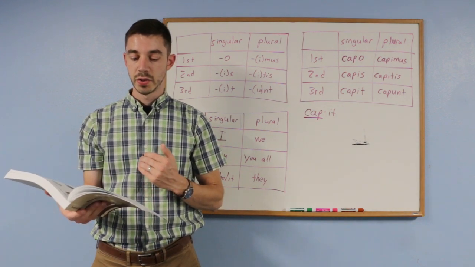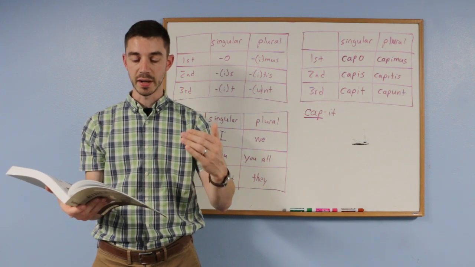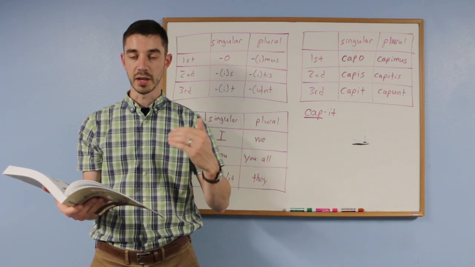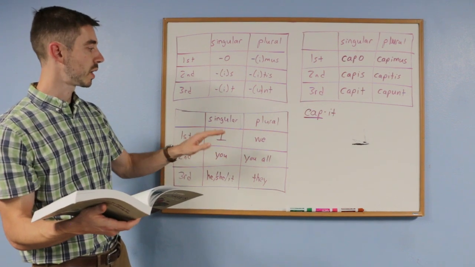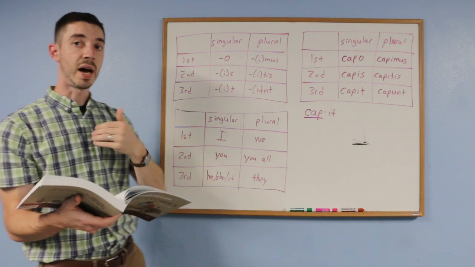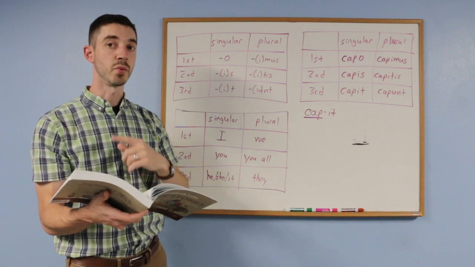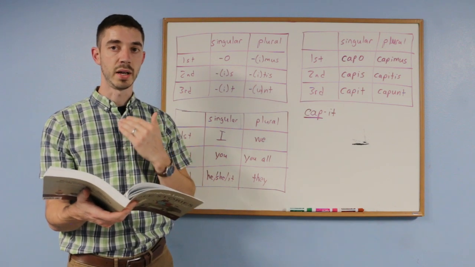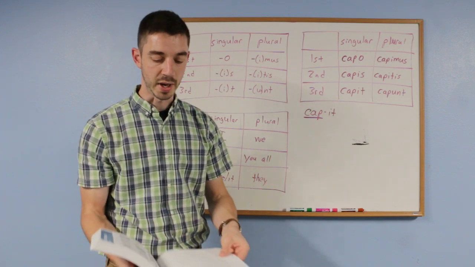Okay, so now that you know that it's cadit and dicit and surgit, now you need to look at these endings and figure out if it's I fall, what ending do I put on cadit? If it's we speak, what ending do I put on dicit? Okay, and that's how you do that.